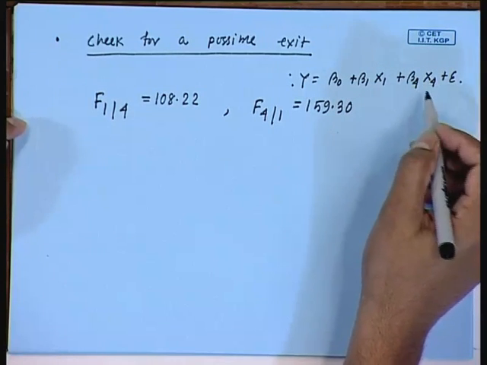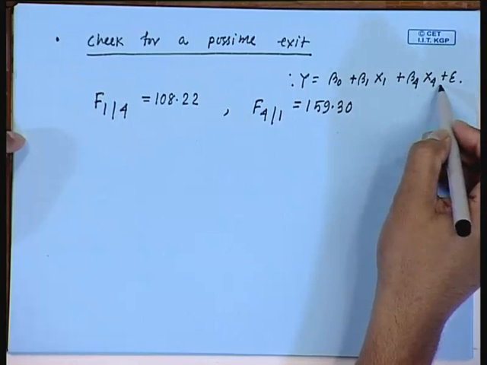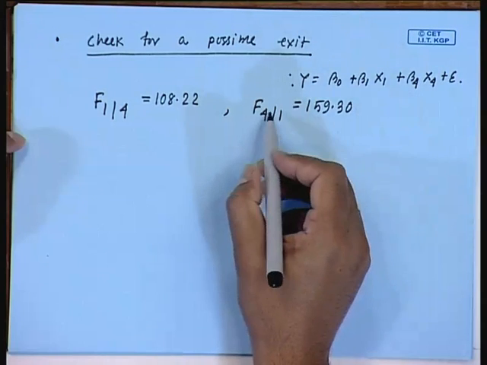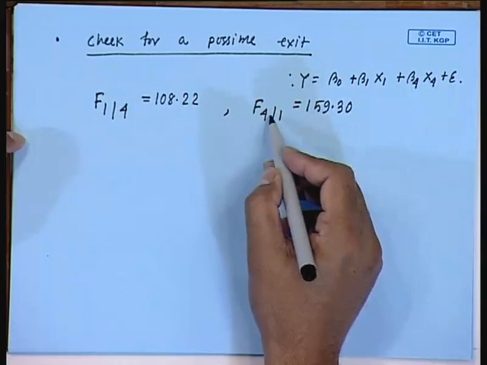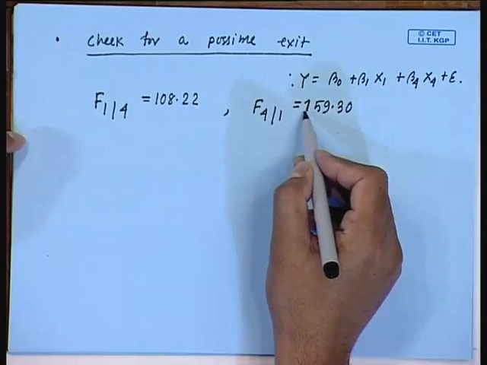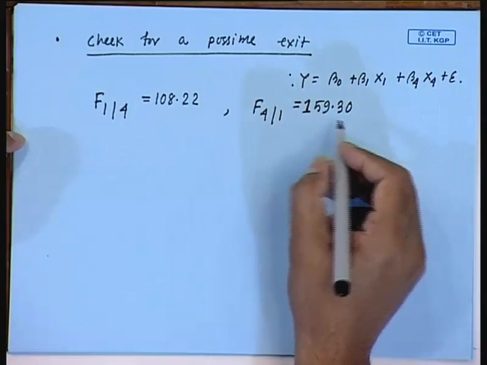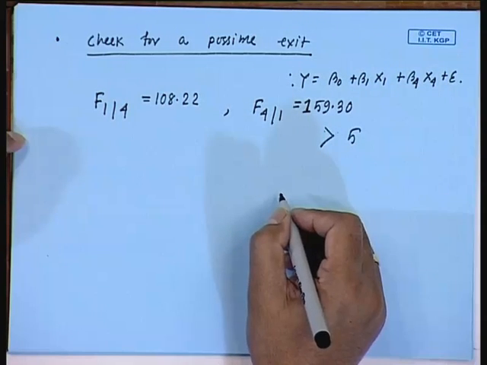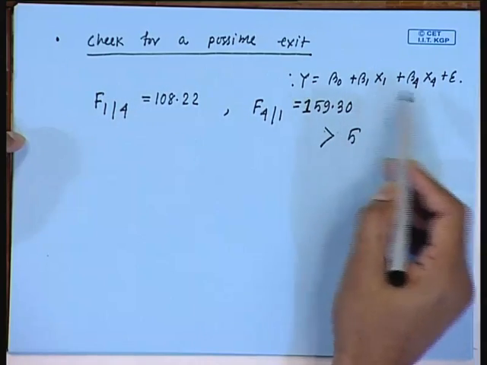Now, the question is whether x4 is significant in the presence of x1, that we need to check. And here you see that the partial f value associated with x4 in the presence of x1 also seems to be significant, because this is greater than the threshold value 5. Okay. So, we do not drop any regressor from this model.